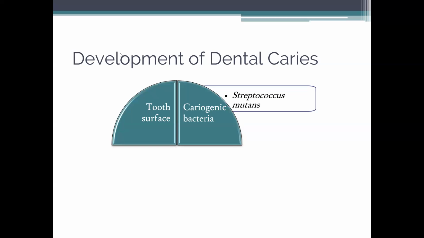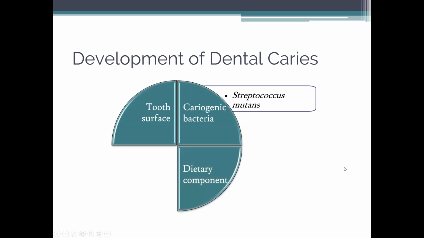The boy in the bubble? He hasn't been exposed to Streptococcus mutans. So if you don't have this bacteria and you have teeth, you're not going to get cavities. You have to have all four of these things we talk about.